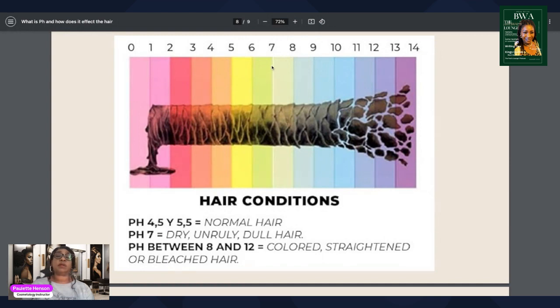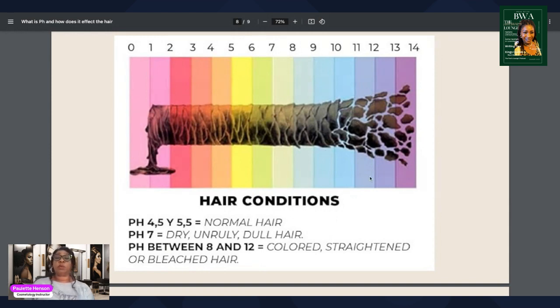So 7 is over here. And as you can see, the cuticle layer of the hair is porous right in here. It's starting to open up here. pH between 8 and 12, meaning colored. So all this between 8 and 12, the hair is colored, straightened, or bleached. This is what happens over here.